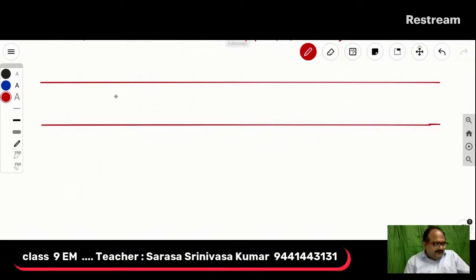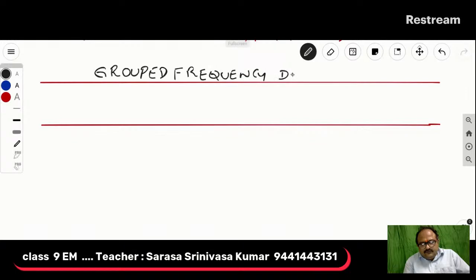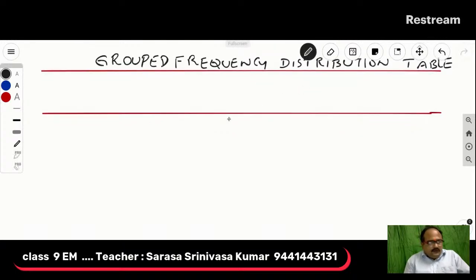So the heading is grouped frequency distribution table. Now the first column is class interval.